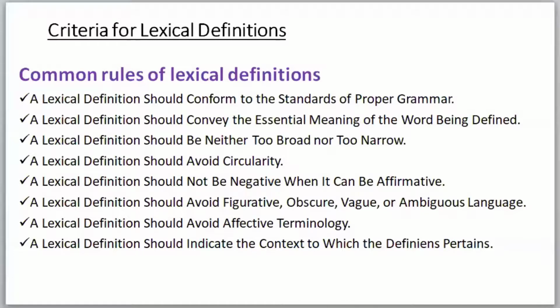It will not convey the intended purpose, and it leads to ambiguity, because we have said that lexical definition should avoid ambiguity. So if we use a circular definition, rather than reducing the ambiguity, it escalates the ambiguity for the listener. So we should avoid defining terms in a circular way.